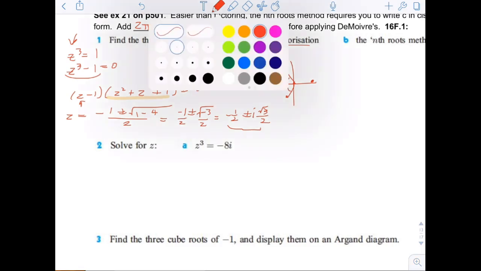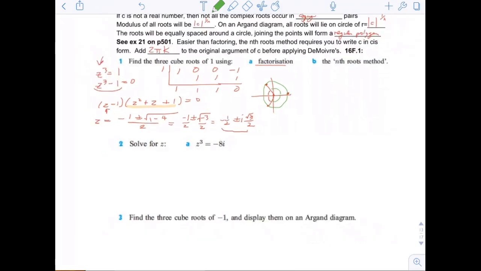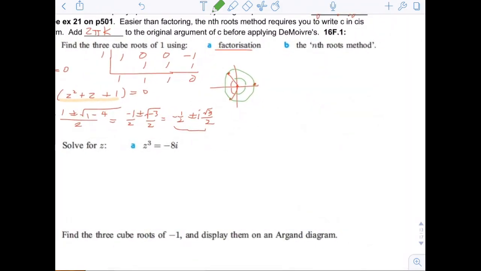So you can see that these three complex roots trace a unit circle. They're all 1 unit away from the origin, and they're just pointing in different directions. And you can see that the angle between all of these roots is 120 degrees. So pretty neat, huh? Okay, let's use the nth roots method instead.